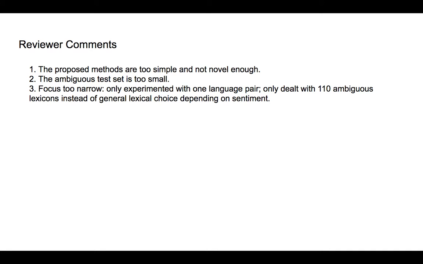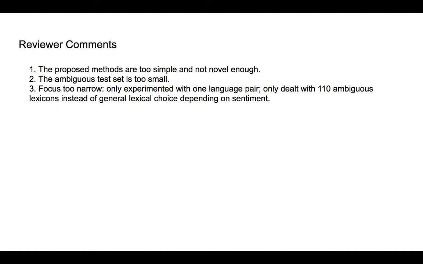And this work was actually rejected by EMNLP, and so I think it's good to summarize the reasons of rejection here. So the first reason is that the reviewers think that our methods are not novel enough. And the second reason is they think the ambiguous test set is too small, which is true because it only has 120 sentences.